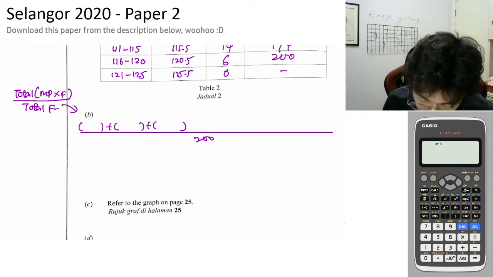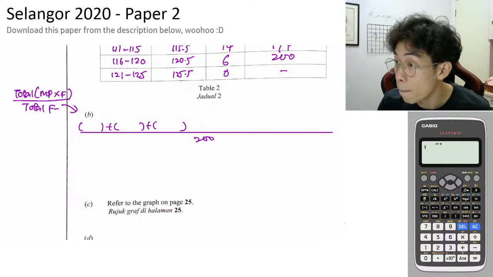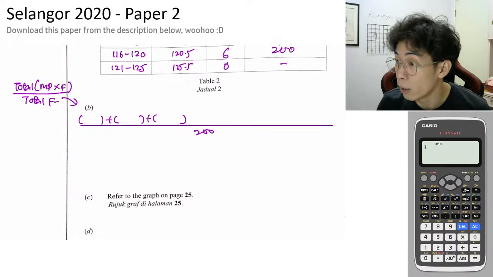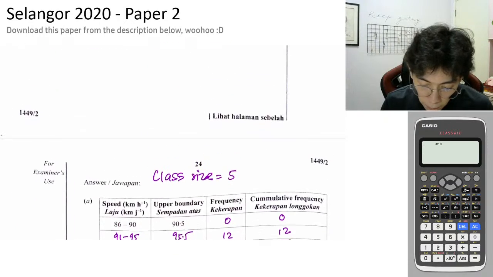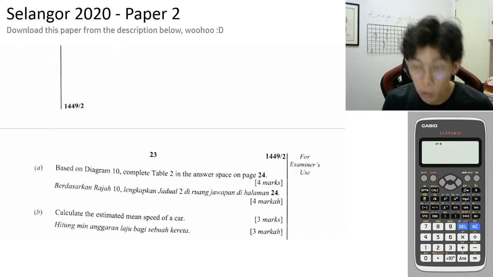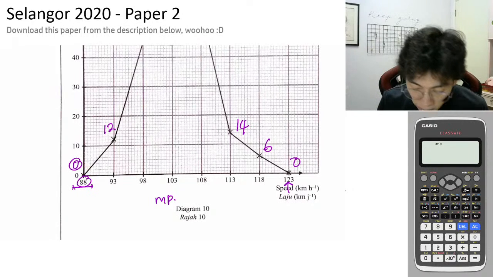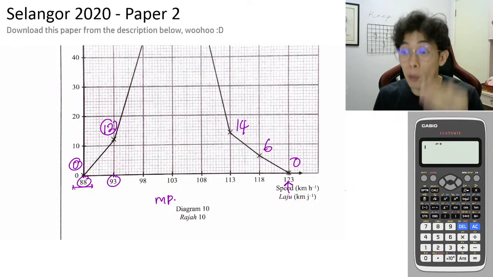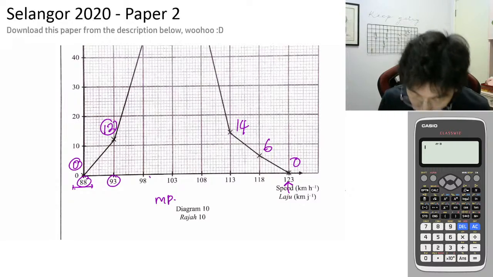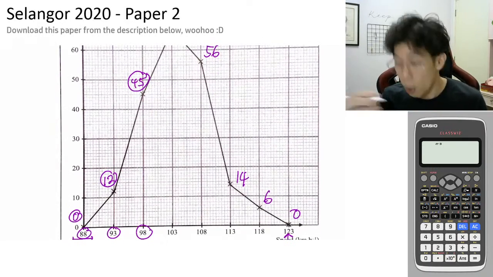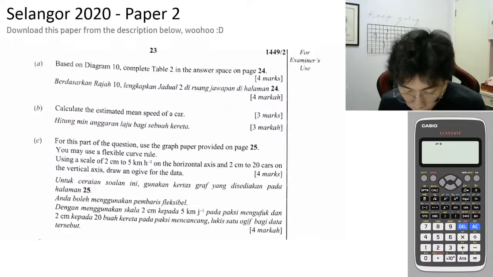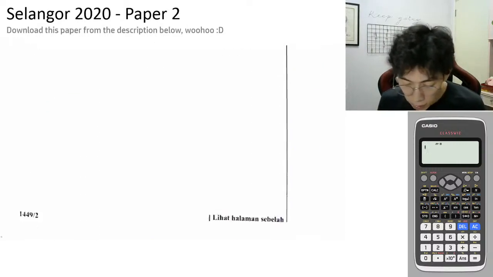Now, I'll just fill it up. You all know what to write. See this. The first one, 88 times 0, you can skip. Then 93 times 12, midpoint times frequency. 98 times 45, and the rest of it until the last one. You just fill it in with me, and the final answer I give to you.